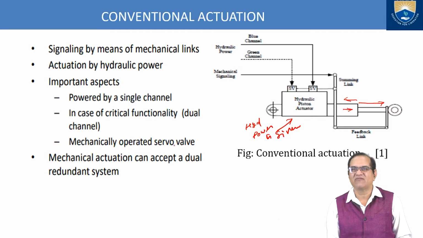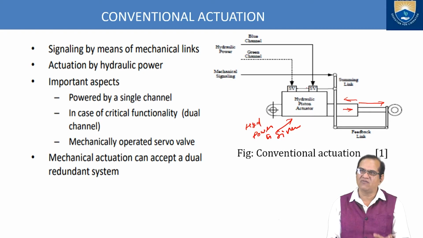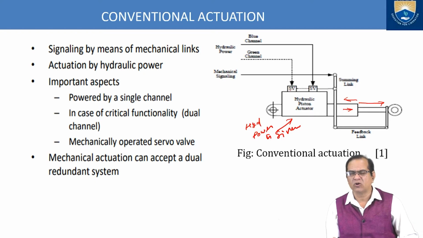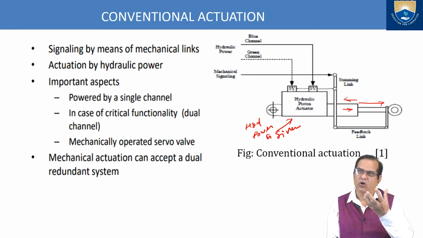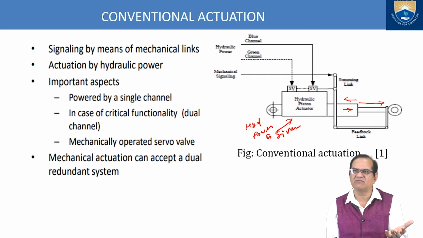Mechanically operated servo valve. Here SV is called the servo valve. These servo valves are operated by this mechanical linkage. No electrical is there. Only this rod will pull or push this valve. Accordingly, this valve will open or close. If it is opening fully, then a high pressure will be there. If it is partial, a partial pressure will be there.